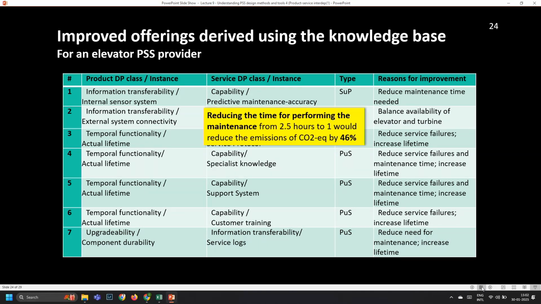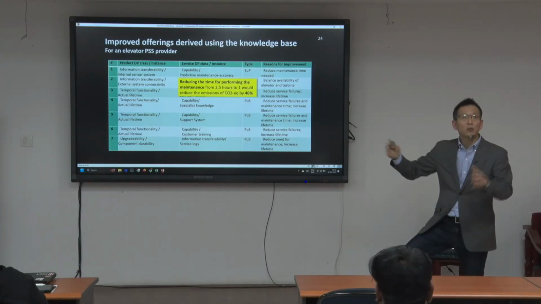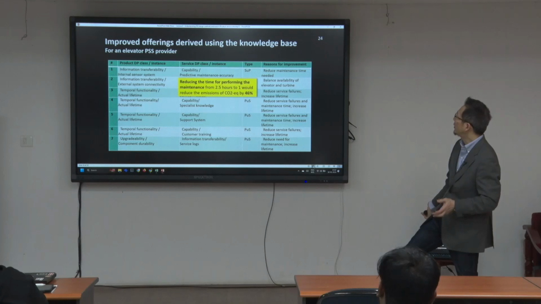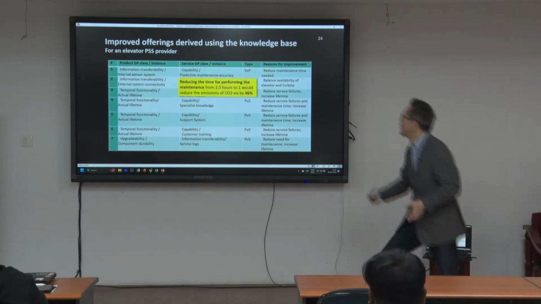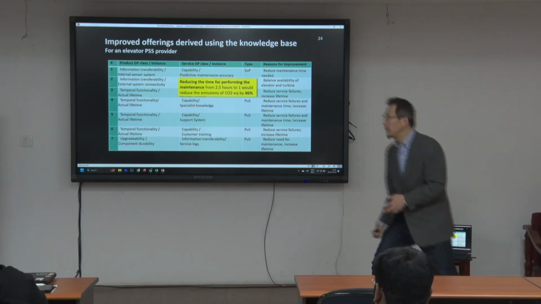Then experts said that currently the maintenance typically takes 2.5 hours, but that can be reduced down to 1, and thereby the maintenance time can be significantly reduced, and hence the CO2 emission of the system can be reduced accordingly. And by the way, very significantly in this case.